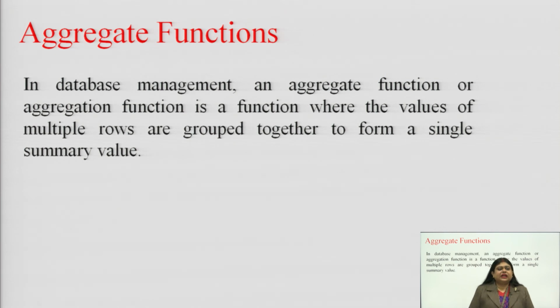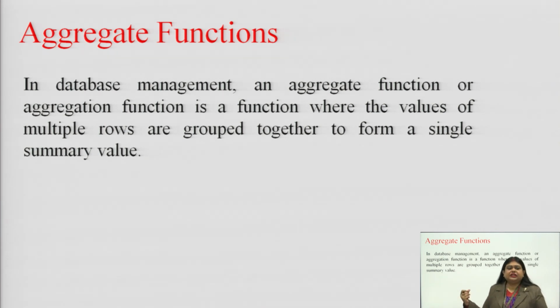Right. Now, what is the aggregate function? It says in database management, an aggregate function, or it is also known as an aggregation function, is a function where the values of multiple rows are grouped together to form a single summary value, right. So, whatever we have in the database, from multiple rows we are going to club them together and we are going to get one summary value.